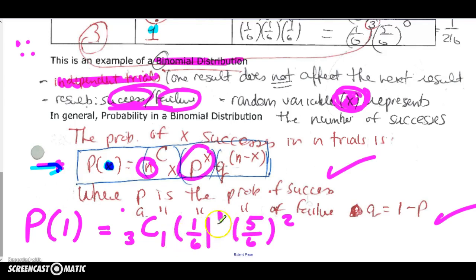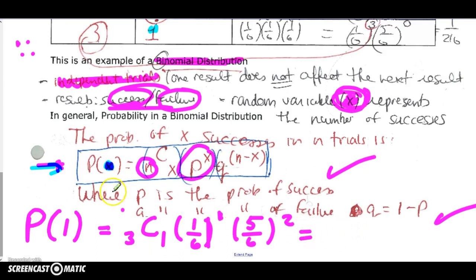That's it. So if I wanted to figure out the probability of 1 double, that's 1 success out of 3 trials. 1 out of 6 to the 1, 5 out of 6 squared, and I have to go 3C1. Okay, and then what happens with that?